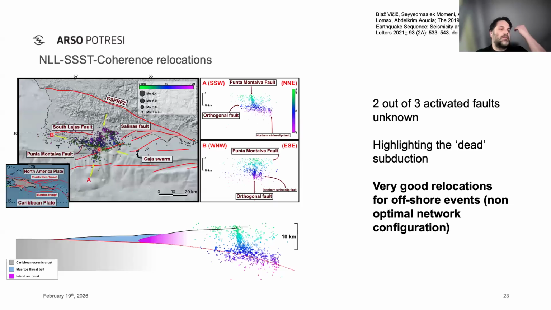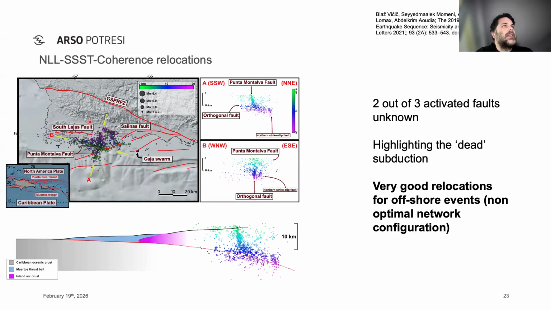So they were not detected by geologists. They were not detected by some geophysics. So they only showed up on relocation of seismicity. And we also saw that maybe this subduction zone south of the island basically still is active, even though it is thought as non-active currently.